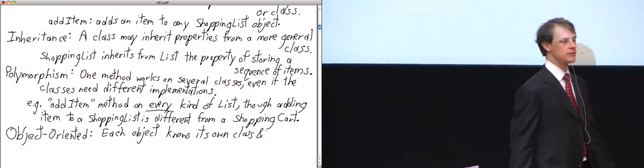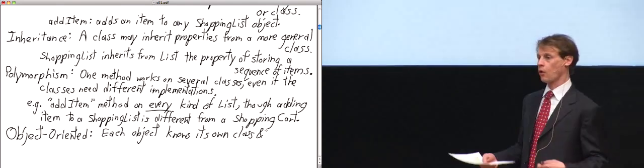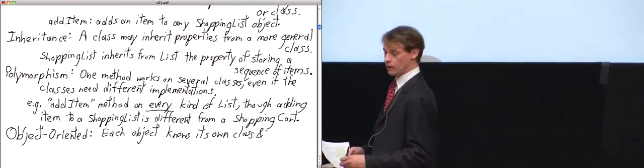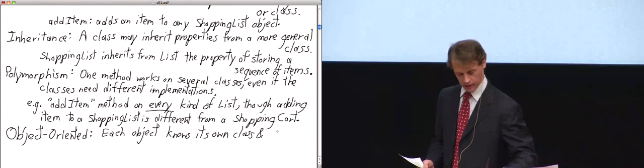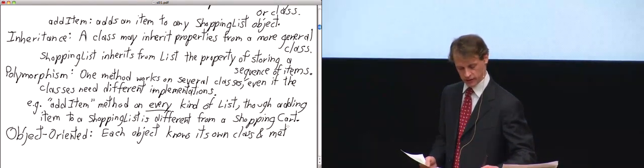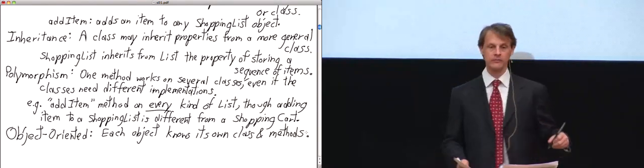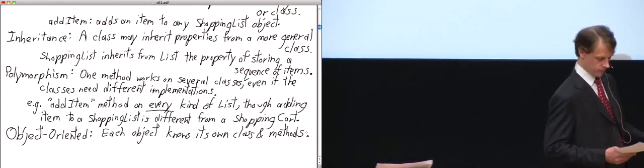And that means that each object knows what methods, or what versions of what methods, work on that class. So a shopping cart knows which version of add item applies to that shopping cart.